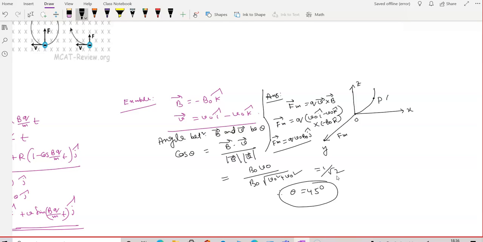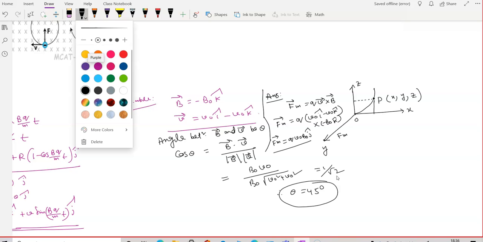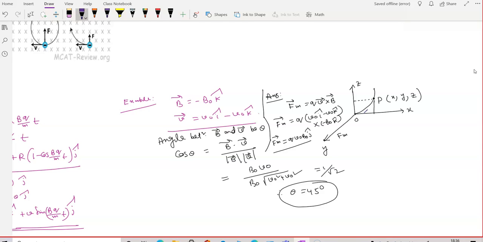This x coordinate you all can find, y coordinate you can find, z coordinate also you can find. Along the y-axis is the magnetic force it is experiencing, you know. If we consider that after time t, then a similar diagram will be there, but one additional motion will be there for the charged particle. Draw the tangent and try to describe.